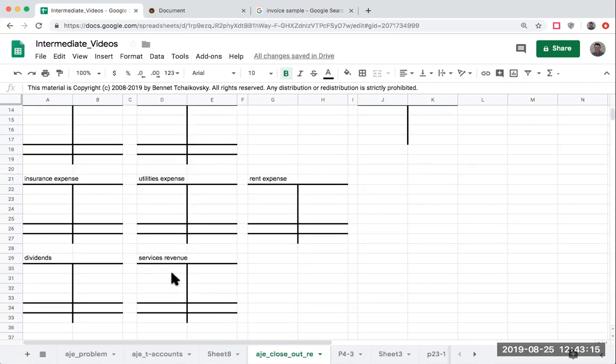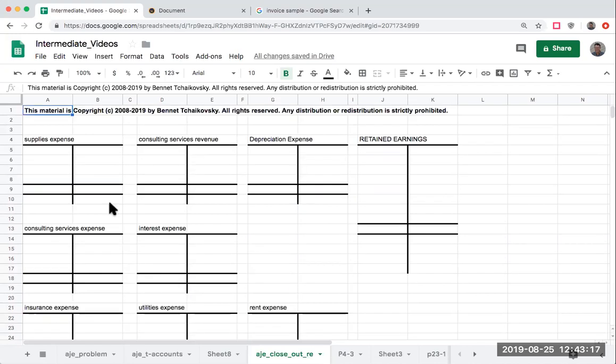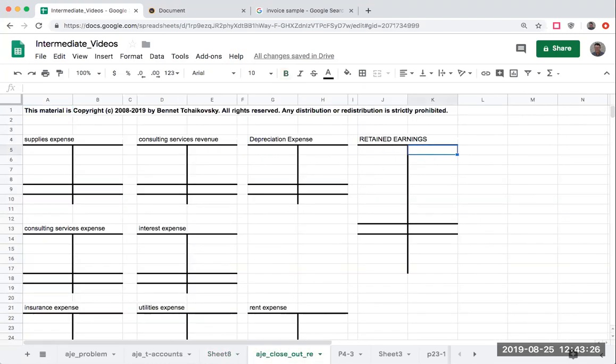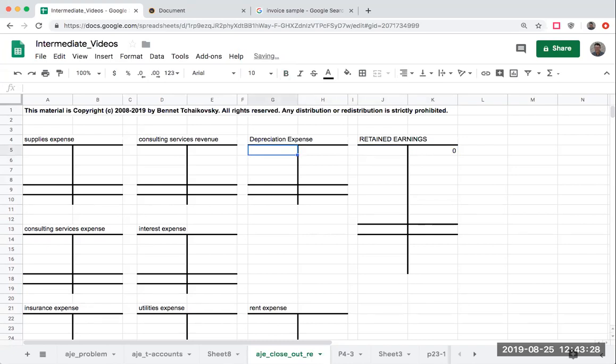What we're going to end up doing over here is bringing forth the balances from this trial balance over here. We know that our beginning retained earnings balance here was 0.